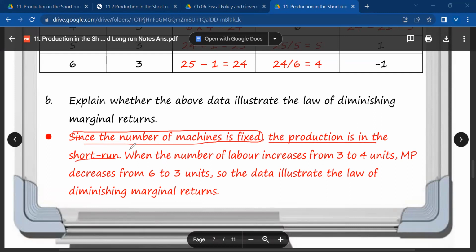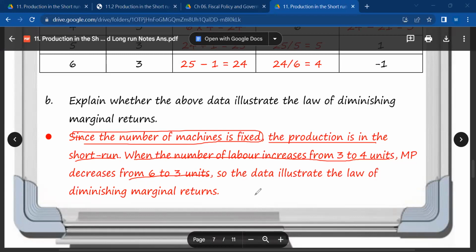And then this part is very important. When the number of neighbors increases from 3 to 4, the MP decreased from 6 to 3. So the data illustrate the law of diminishing marginal return.